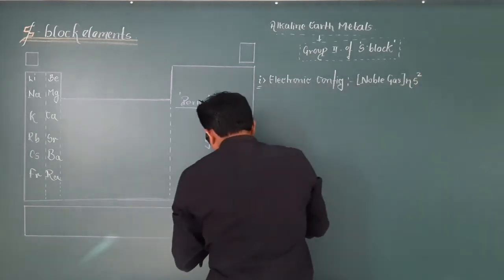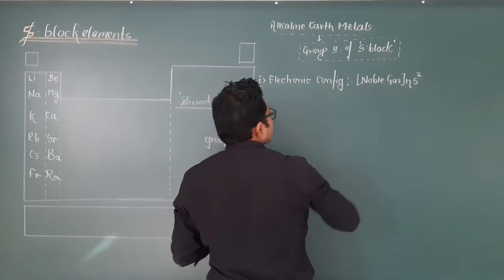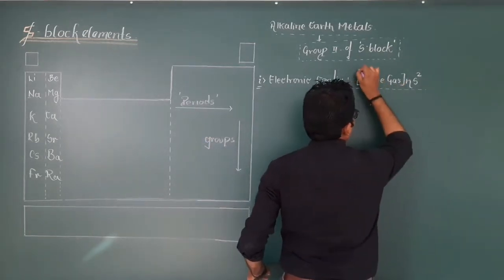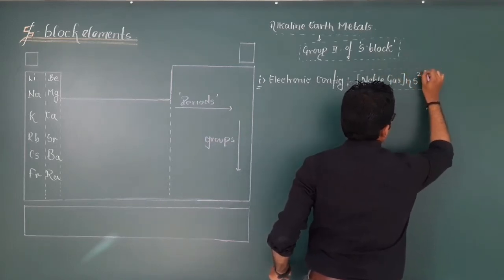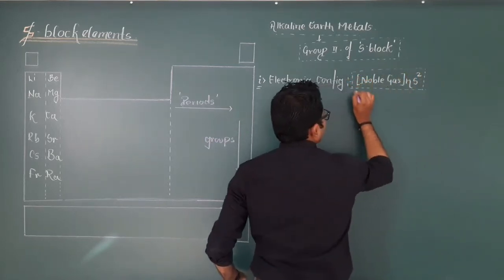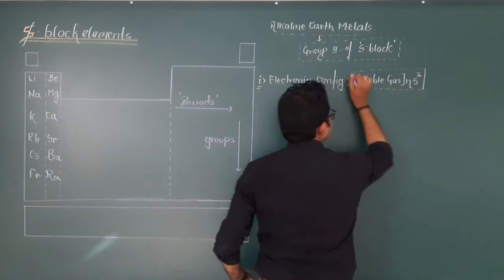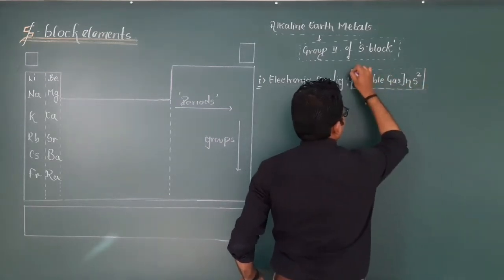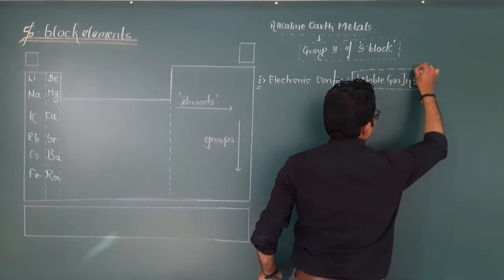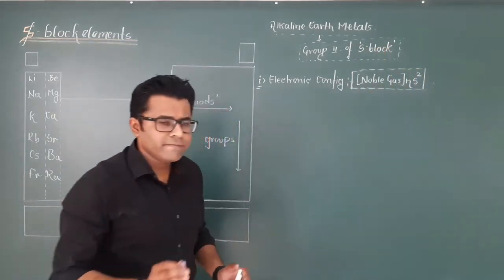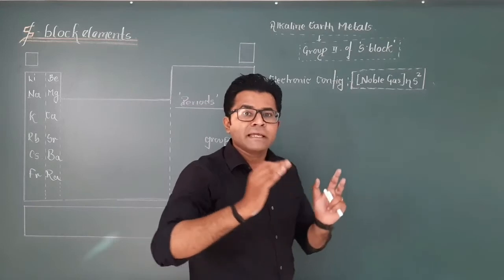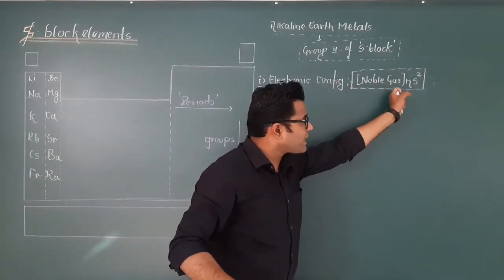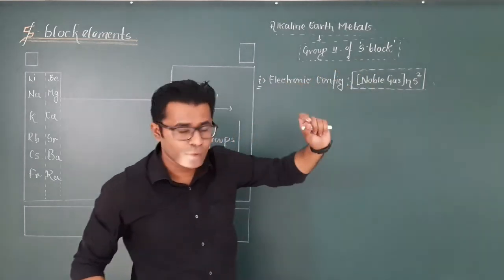So the electronic configuration of alkaline earth metals is the electronic configuration of the noble gas followed by NS2.